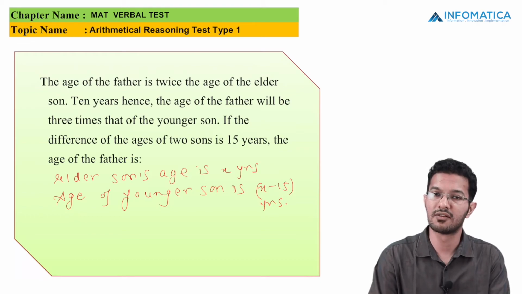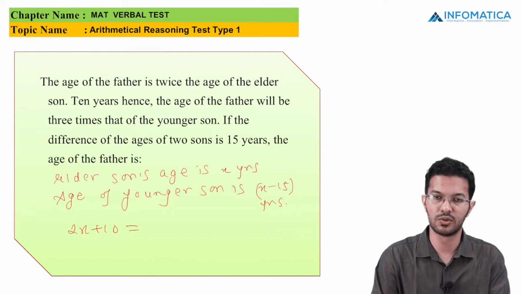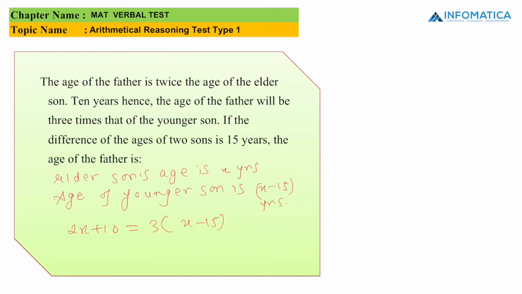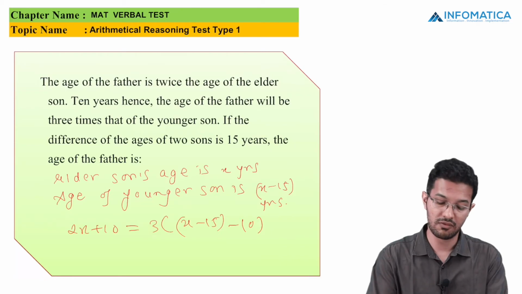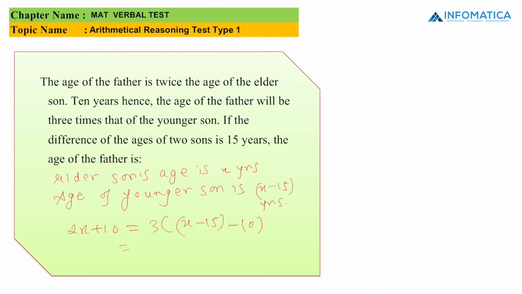So as per the equation, I will write 2x plus 10 is equal to 3 in the bracket x minus 15 minus 10. So on simplifying the equation, let me see what I get. So I get 3 in the bracket x minus 15 minus 10.